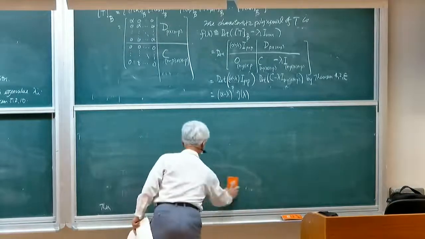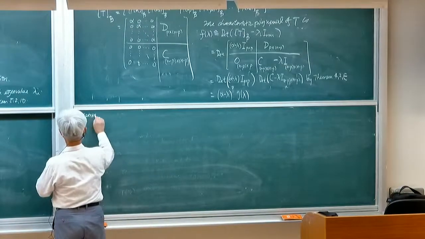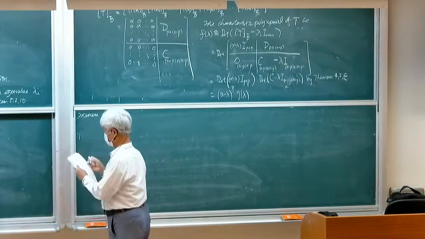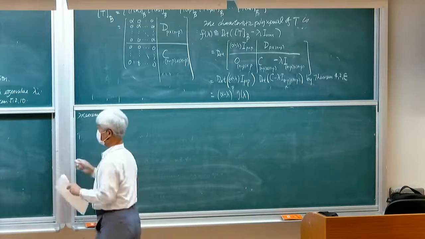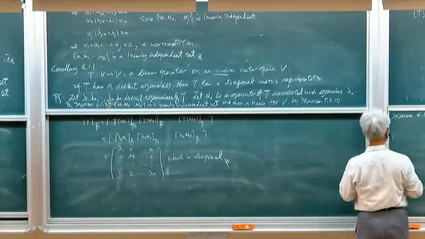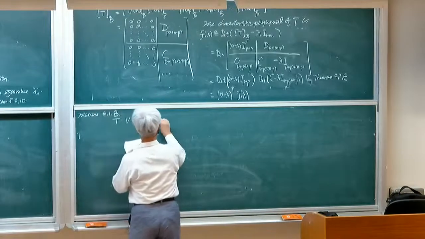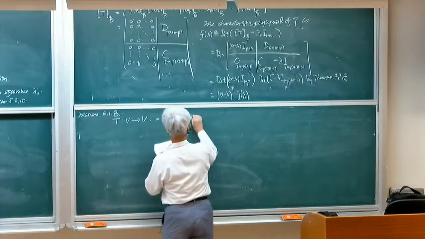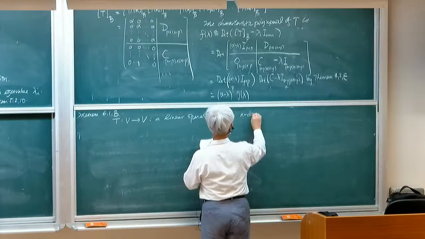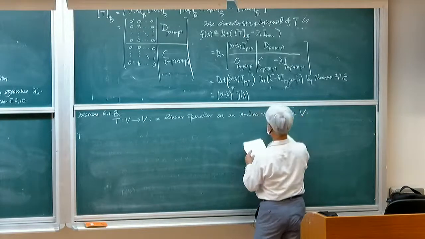Now, I give the last theorem. It gives the sufficient, and so this was a sufficient condition. I'll give you the necessary and sufficient condition, right? So T is a linear operator on an n-dimensional vector space V. So it's n-dimensional.